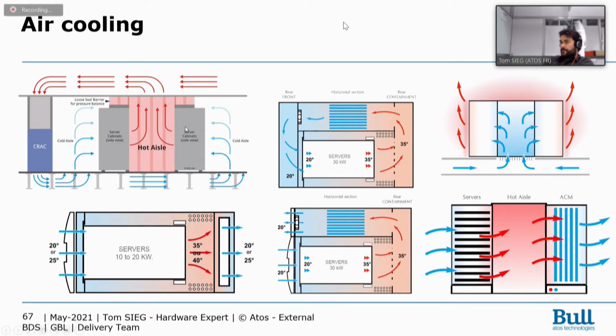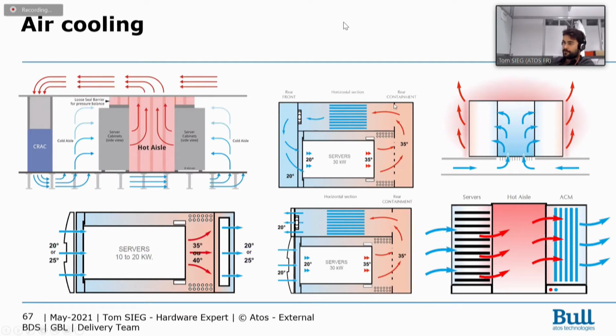By containing like this, you have two solutions. The cold air outside and hot air inside, or the reverse, like this: cold air inside, hot air outside. The more efficient one is this one, the cold air inside and hot air outside.